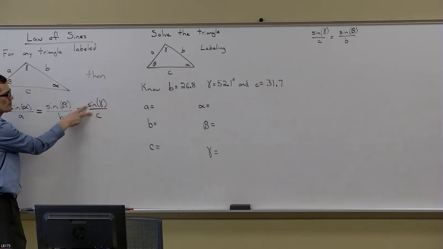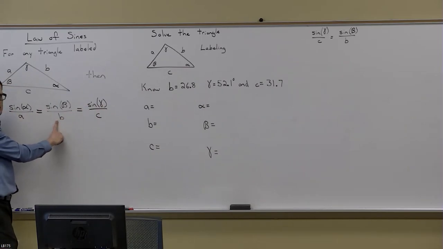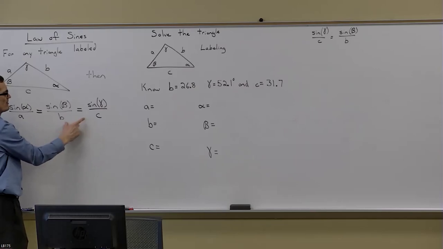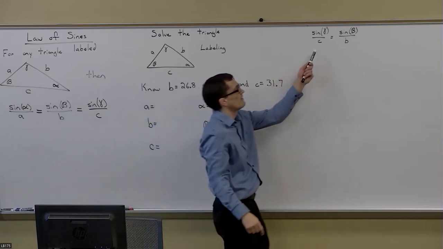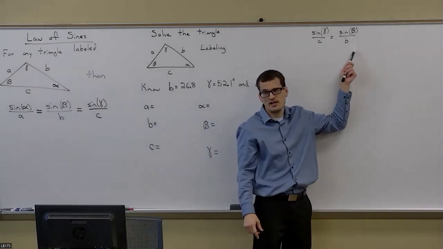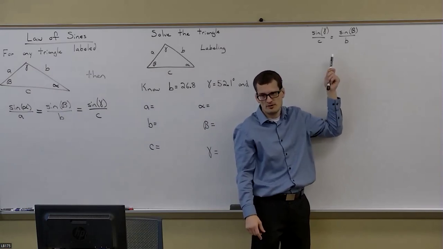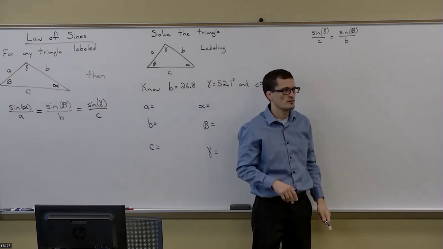So I'm going to use this ratio and set it equal to either this one or this one. Since I have the B, I'm going to set it equal to this one. And it doesn't matter if you write it the way I've written it over here, sine of gamma over C is equal to sine beta over B, or if you write sine beta over B is equal to sine gamma over C, right? You can flip the order, it doesn't matter.